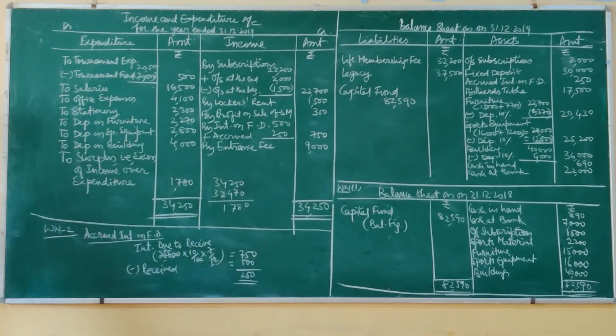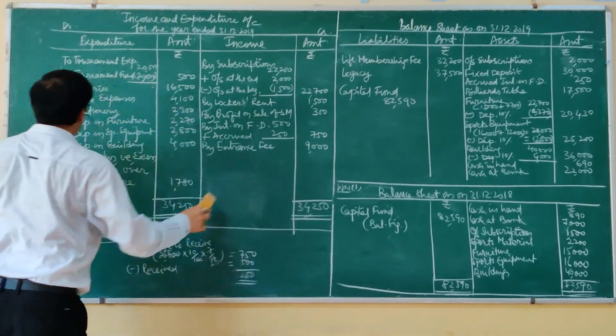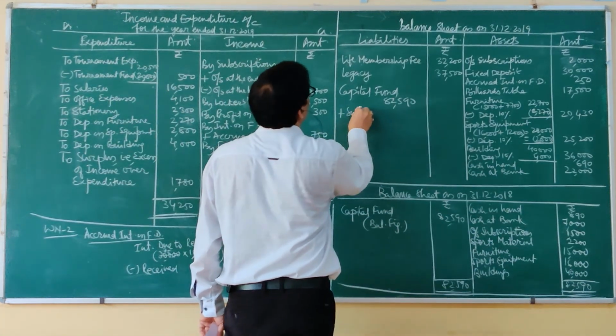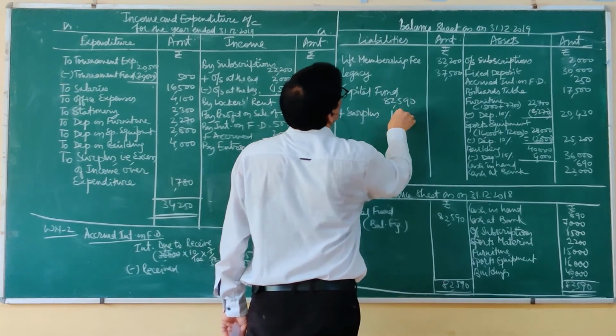This is our calculation, which should be done in the notebook with pencil and rubbed out. And plus the amount of surplus in the capital fund, 1,780.